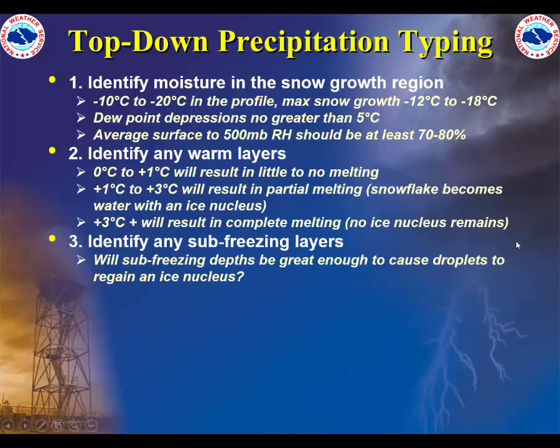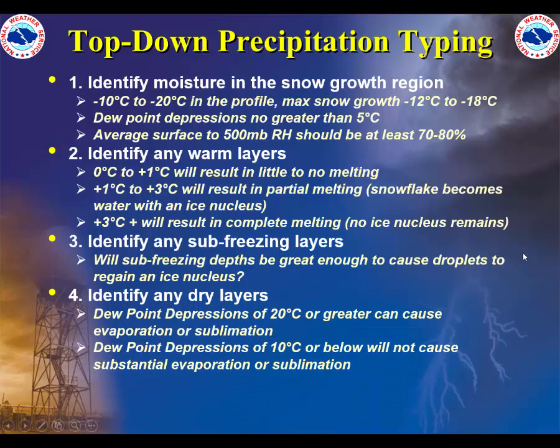So as we continue on, if you've identified any warm layers, we'll look at any kind of sub-freezing layers. Obviously, if there's no warm layers, you won't have any sub-freezing layers. The whole profile will pretty much be below freezing at that point. But looking at the sub-freezing layers, will the sub-freezing depth be great enough to cause the droplets to refreeze, regain that ice nucleus or not? That's a question for that step.